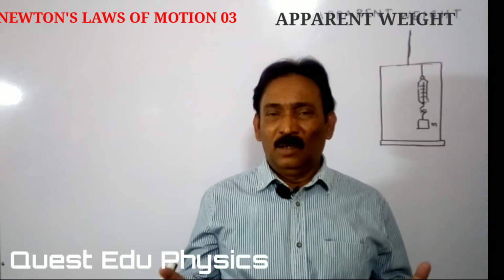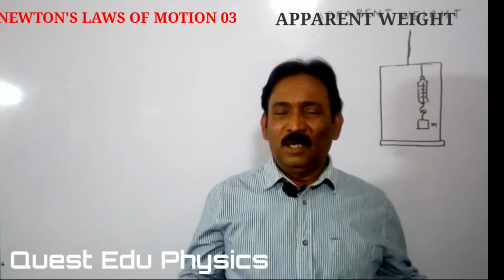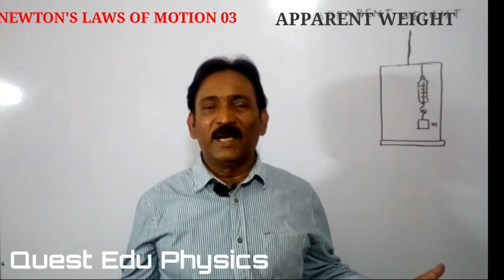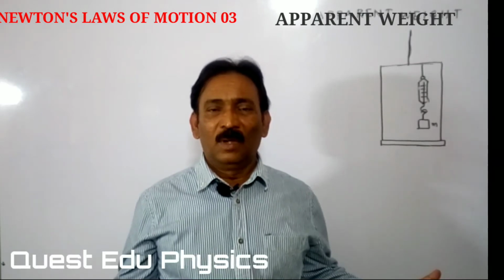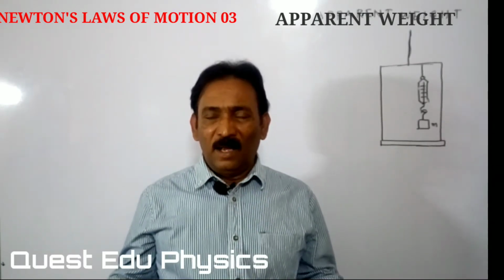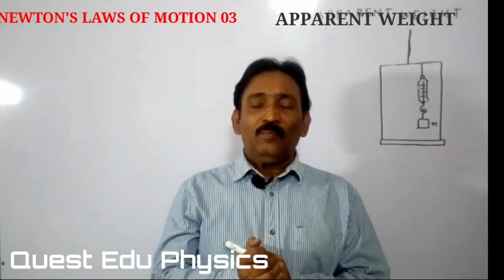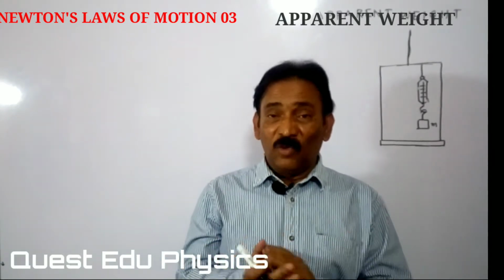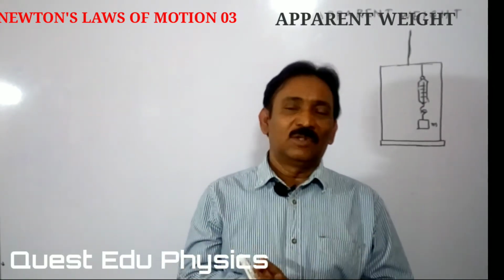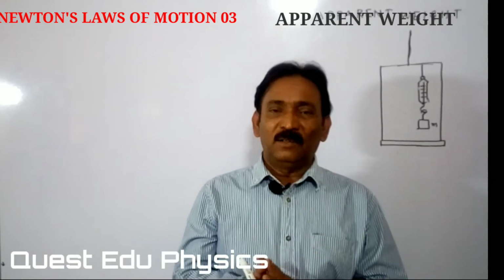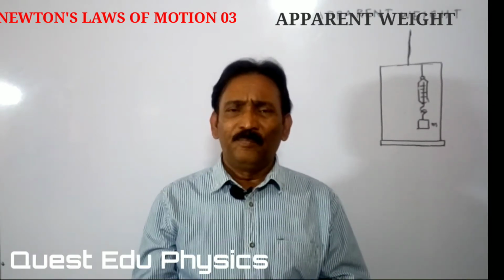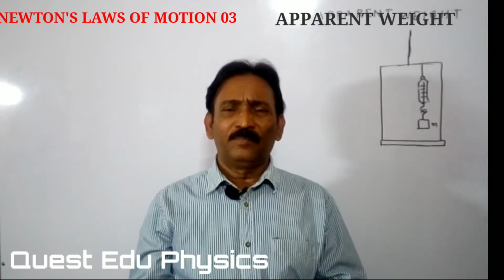Why is it so? If two forces are acting in opposite directions, if there is a net force, then the net force is nothing but the weight of the body.